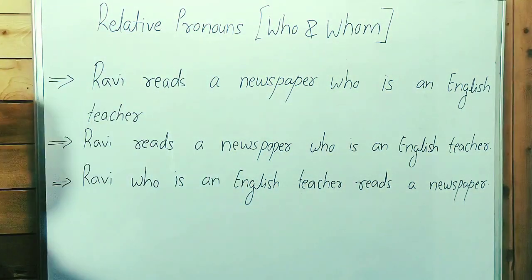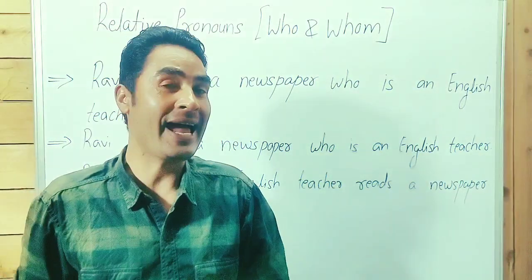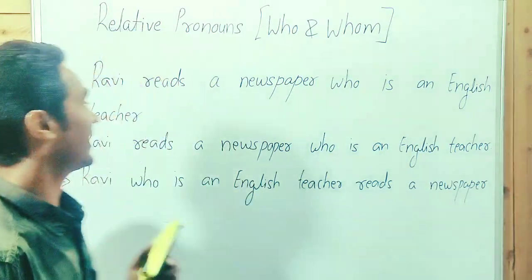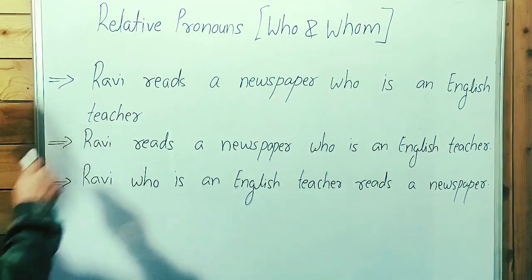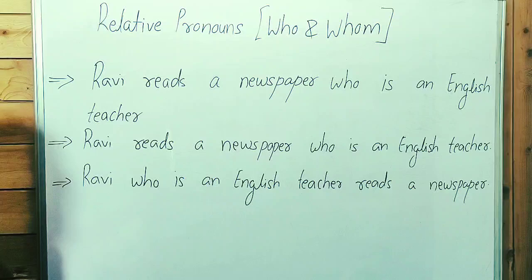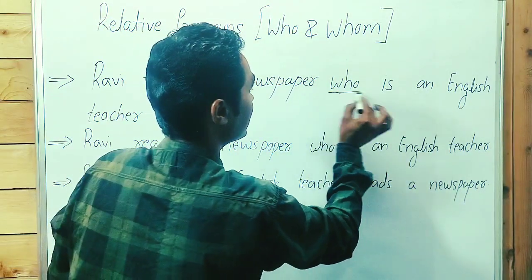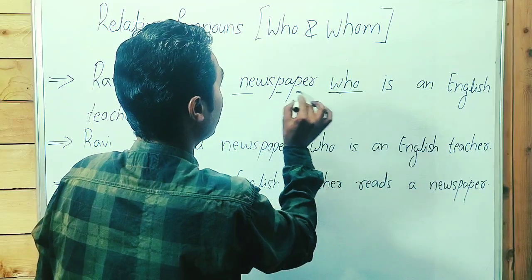So guys, here in the first sentence, "Ravi reads a newspaper who is an English teacher." A point to be noted here: English teacher. So we are talking about Ravi. Here "who" is the relative pronoun, and the antecedent is "newspaper."